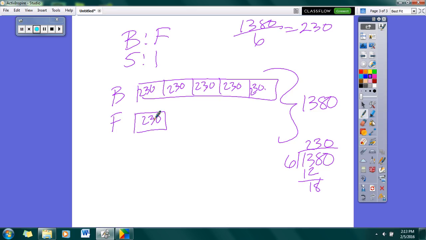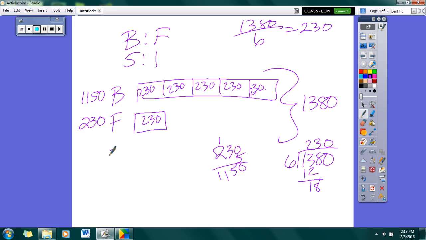Okay? In baseball, I'm going to take 230 and multiply it by 5. So I have 1,150 baseball cards. And I'm going to take football cards, 230, and multiply it by 1, and I'm going to get 230. And that's how much of each card I have if I use the same ratio.